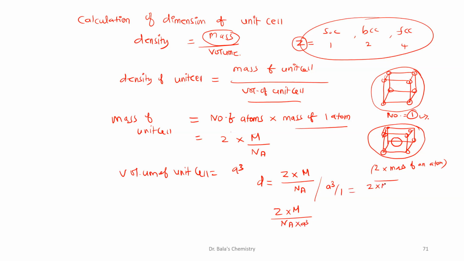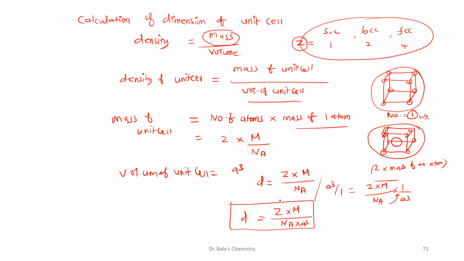So Z into M by Avogadro number into 1 by a cube. Taking this into the numerator, it becomes 1 by a cube. This is the formula for calculating the density of the unit cell.